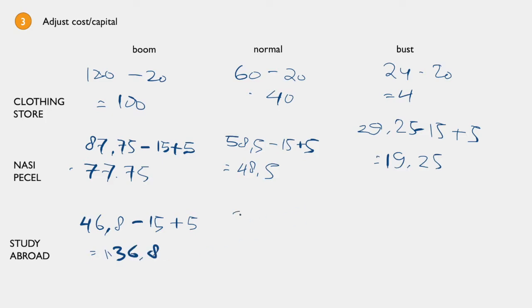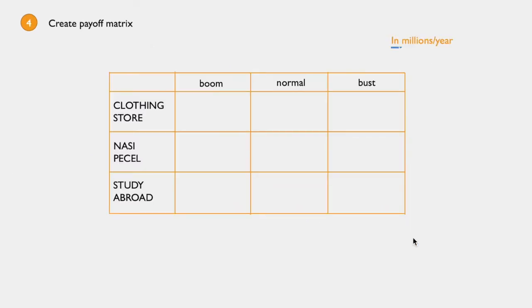This one is 31.2 minus 15 plus 5. We will have 21.2. On bust, we have 0 minus 15 plus 5. So for study abroad in bust, we will have minus 10. Okay, so these are our payoff matrix.